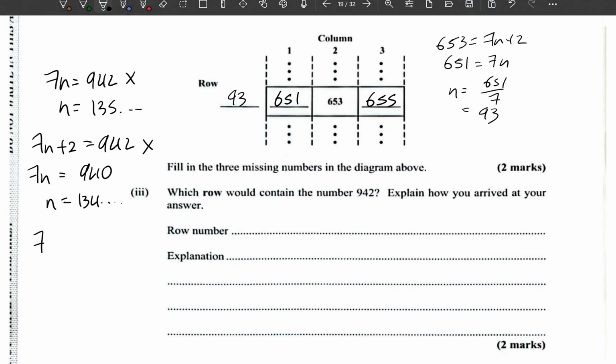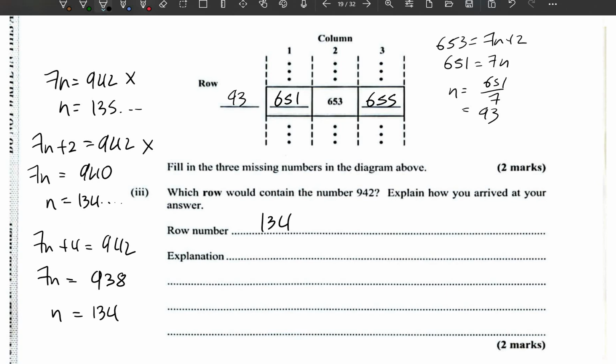Let's try now. 7n plus 4 is equal to 942. Therefore 7n would be 938. So let's divide both sides by 7 now. And so this gives 134 flat. Right, so we see that the row that is going to contain the number 942 would be row number 134.